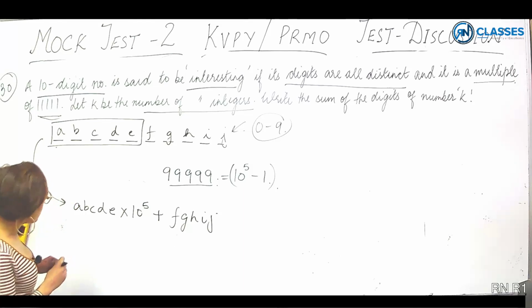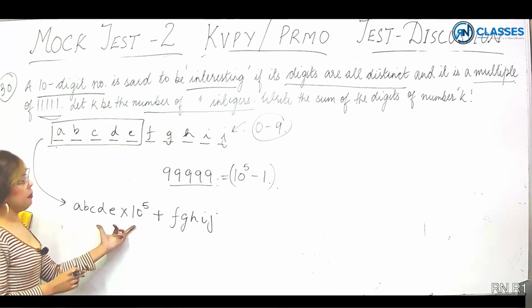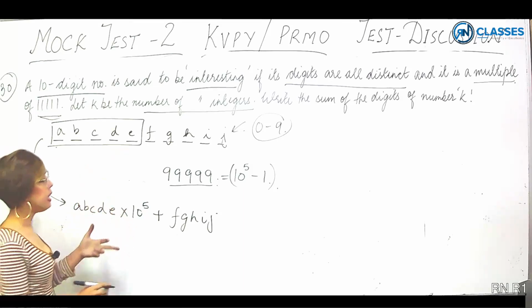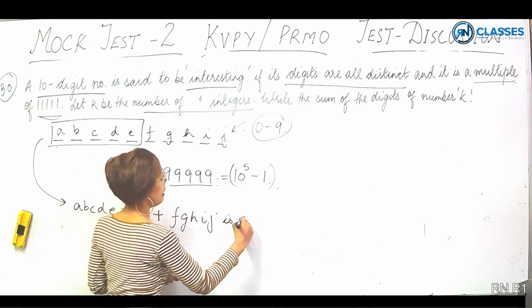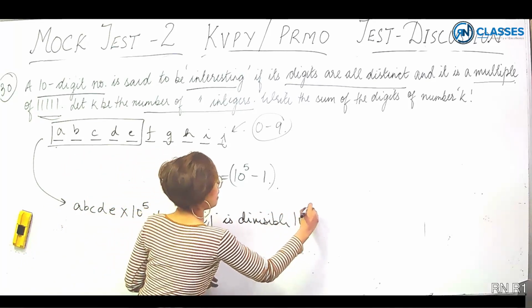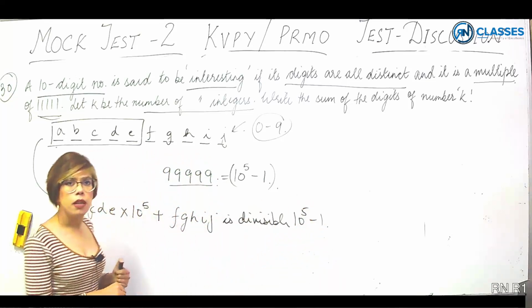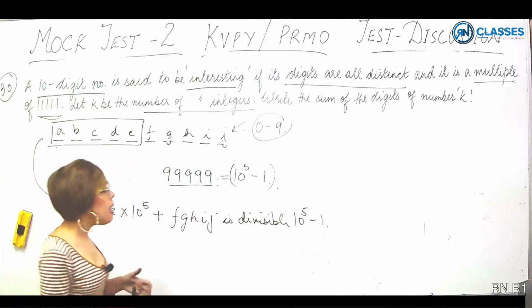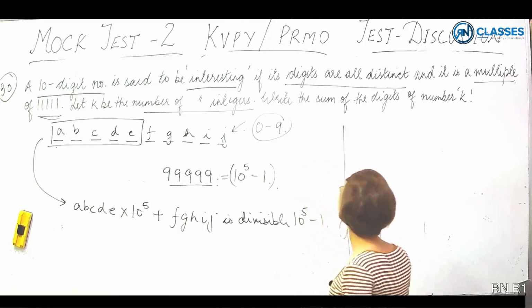Now, this number is divisible by 10 raised to power 5 minus 1. If we divide this, let's see what happens. We know how division works.